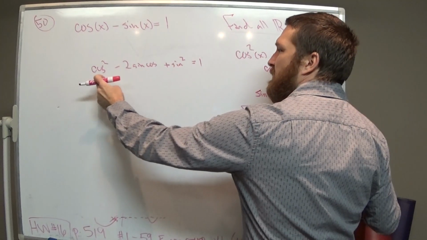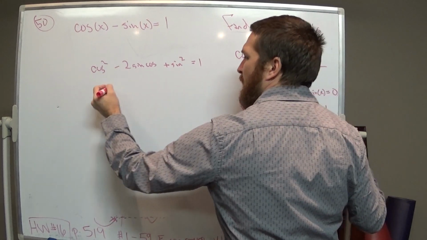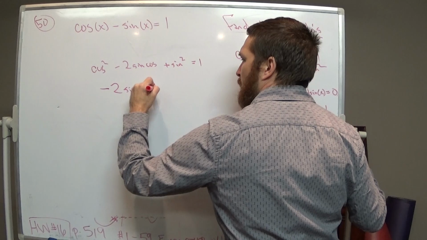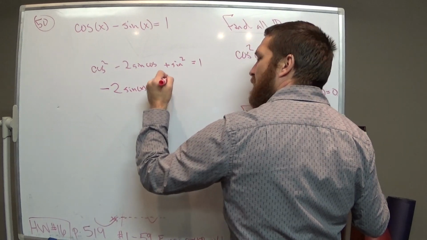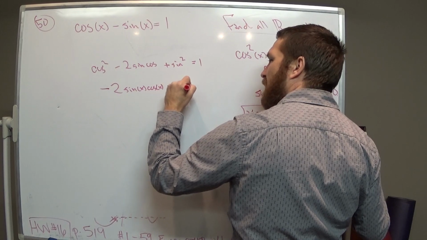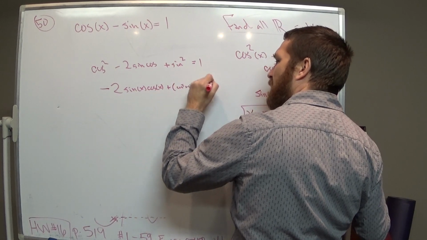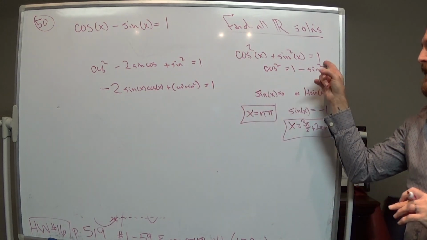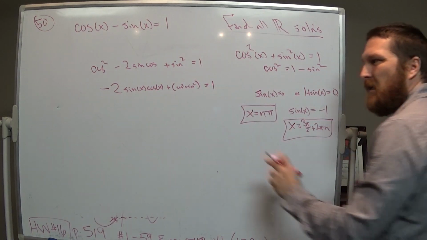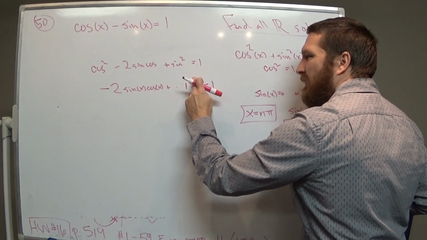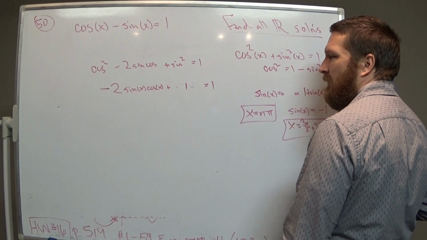Well, one thing I notice is that the cosine squared plus sine squared equals 1. You see what I did? I just brought that over, and I know that's equal to 1, right? And so I have a plus 1 and a 1, so it's gone.